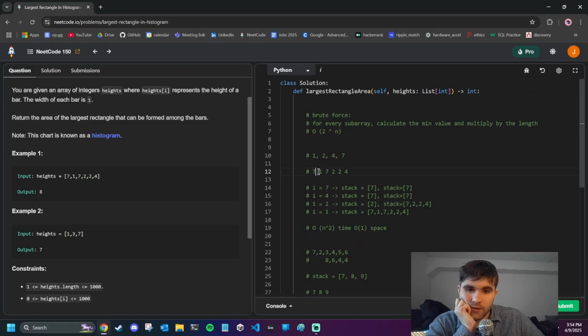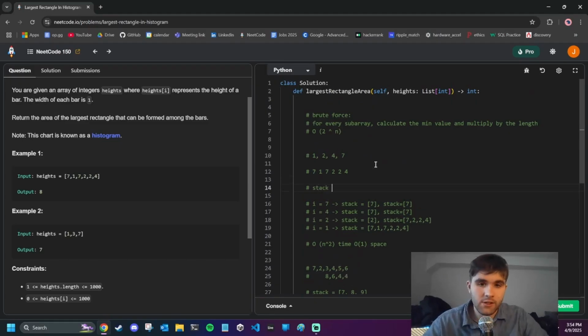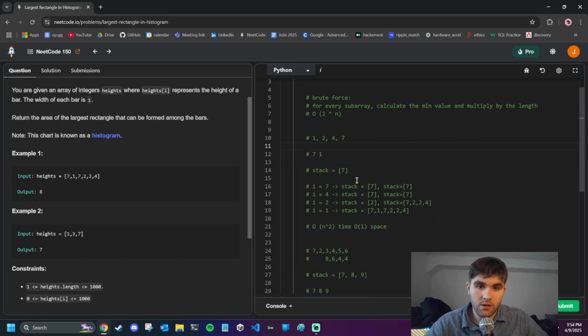7, 1, 7. Okay, so let's imagine that all we know is 7. Let's imagine the only thing we can see is 7. If the next element is 1, that tells us that right now we have basically two rectangles going on.